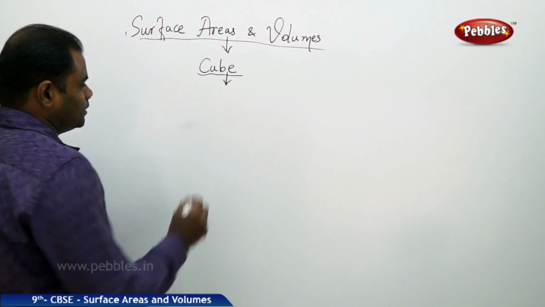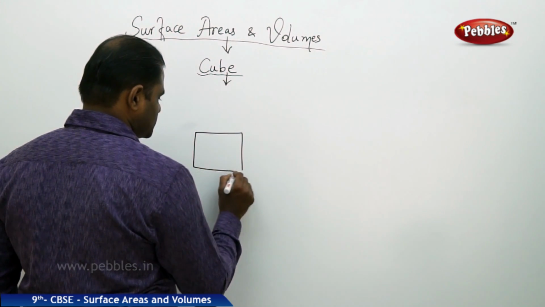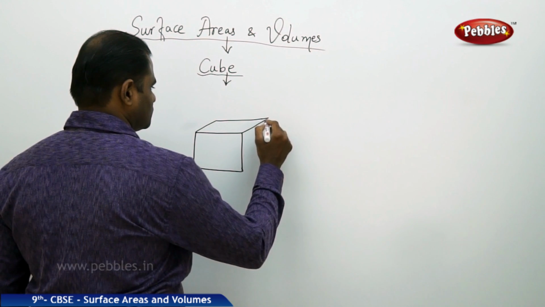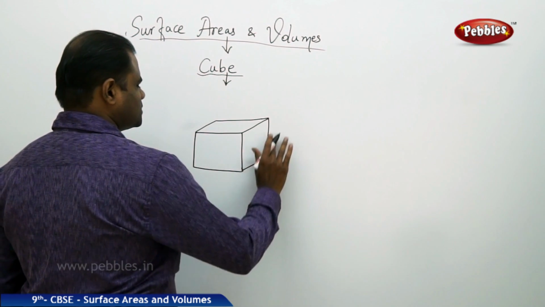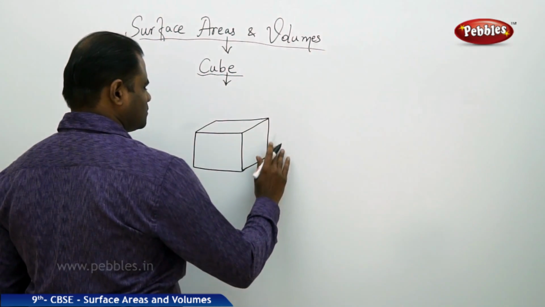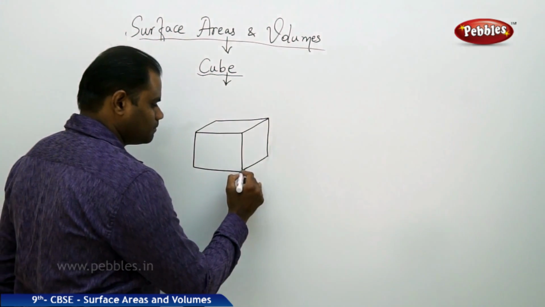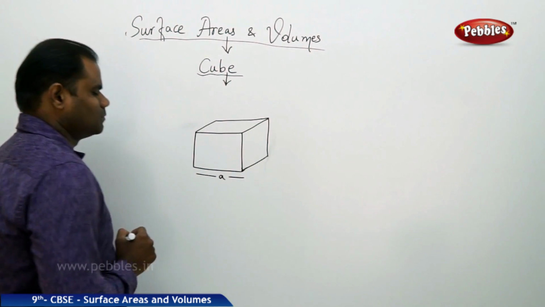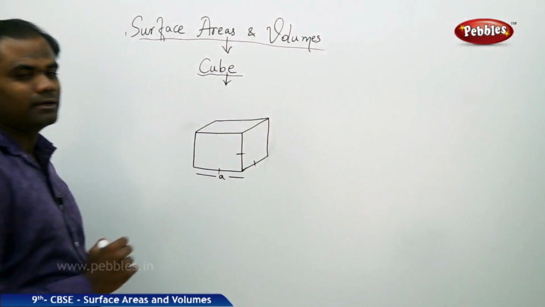So let's take a cube, as we have defined a cube to be a cuboid in which all its faces are equal. So here is the cube, and for this cube, each face is equal.